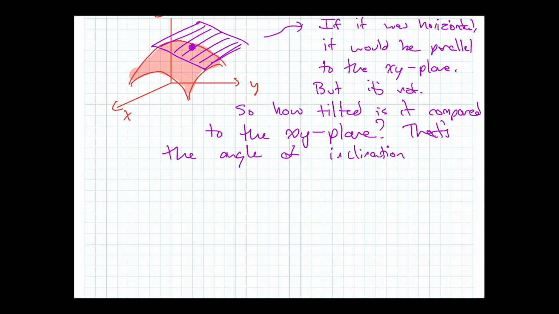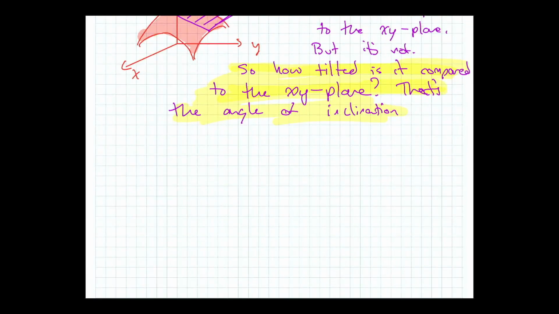All right, so that's the idea: how tilted is it? If it was completely horizontal, the angle of inclination would be 0. But it's not completely horizontal, so it has some angle. And the way you do that is you want to find its angle compared to the XY plane.